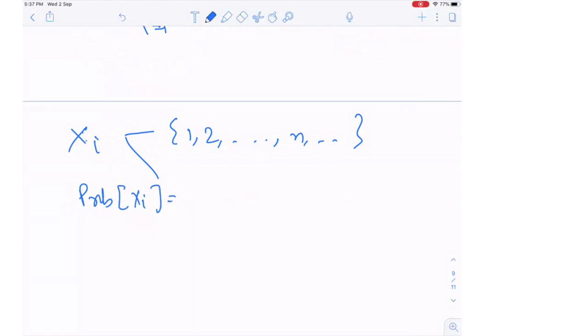Right? So let's call this pi. So what is the probability of xi? What is pi?